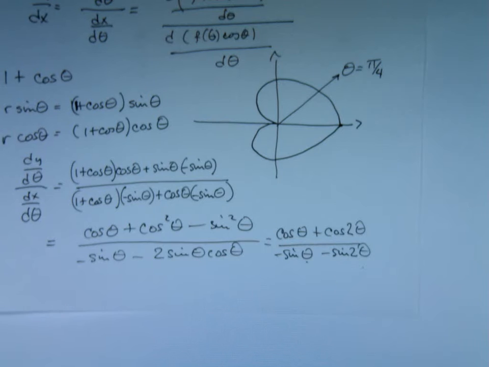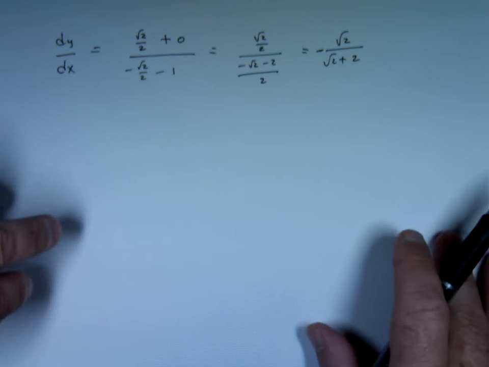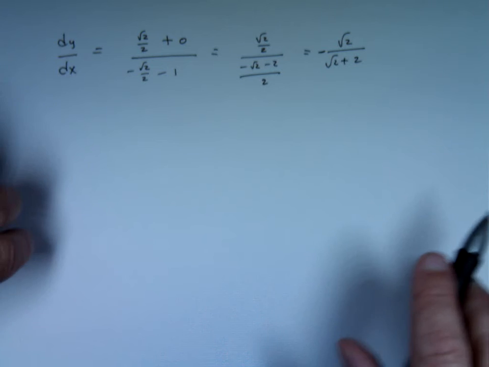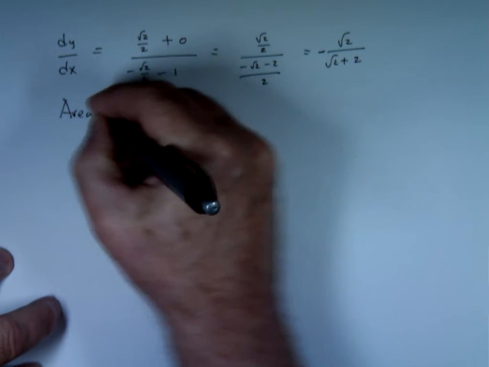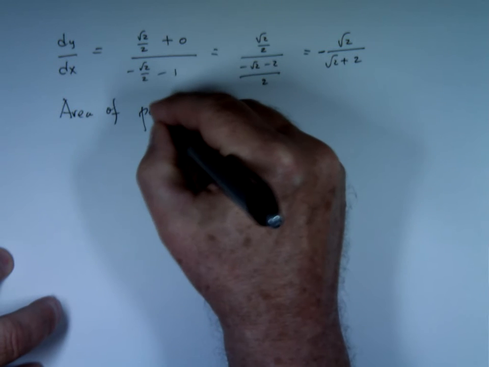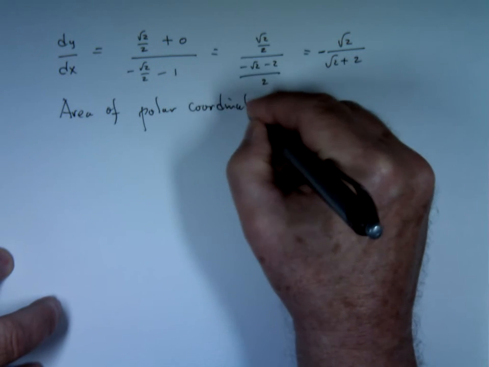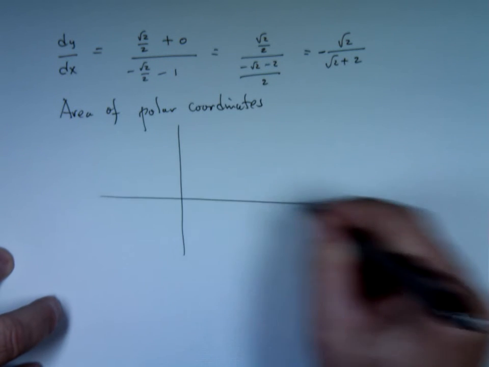Okay? All right. One other thing we have to do with polar coordinates, and that's to find their area. Okay? So let's do it. Area of polar coordinates. And what we're going to do is stay in polar coordinates to find the area.